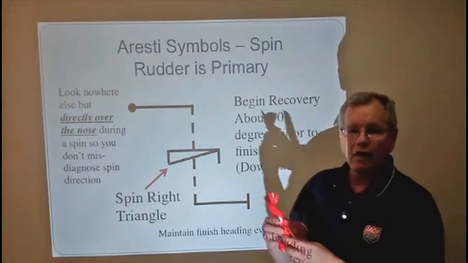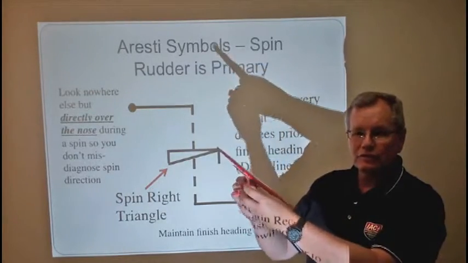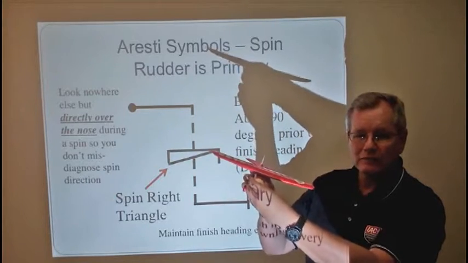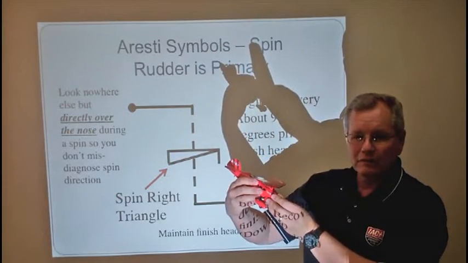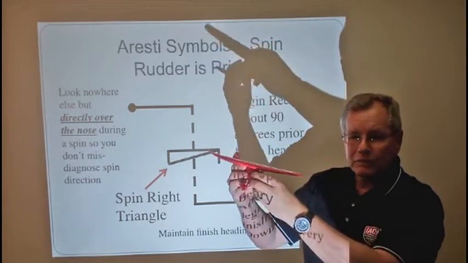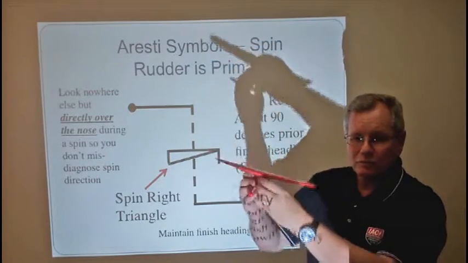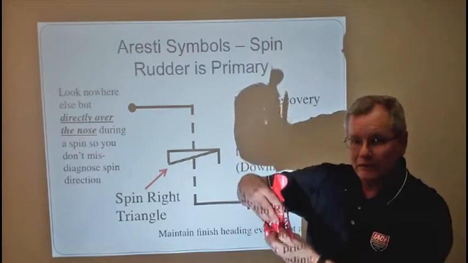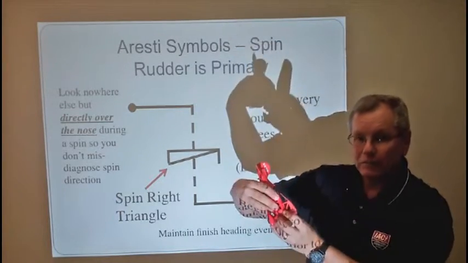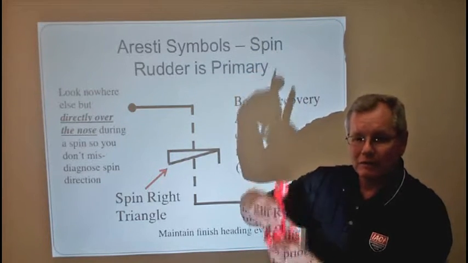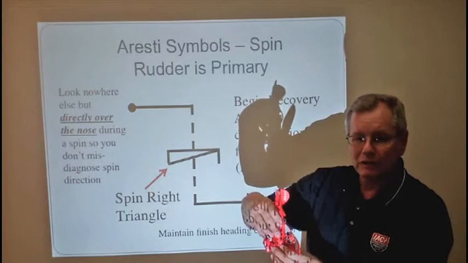Now, what they do allow is that as the spin is finishing, you can leave the airplane in the regular spin nose down attitude, stop the spin, and then go straight to the downline. Or as the airplane is rotating, it's okay to start pitching down and anticipating the downline as the airplane is stopping the yaw. Either way is fine. You won't be judged off of that.